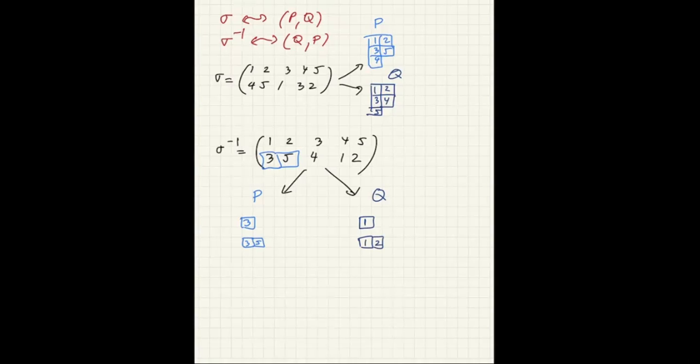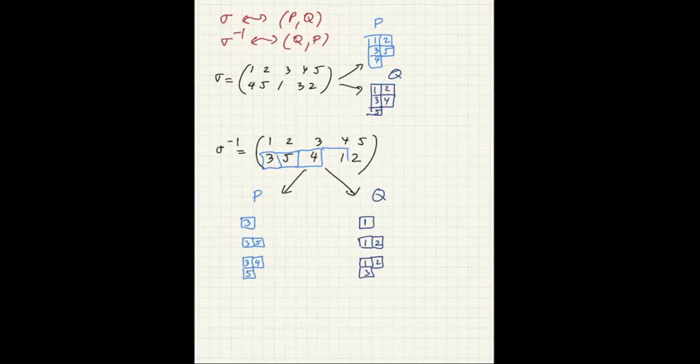Then 4 comes along. And 4 will bump the 5 from the first row, so 4 goes on the first row and 5 goes on the second row. This one is easy, 1, 2, 3.